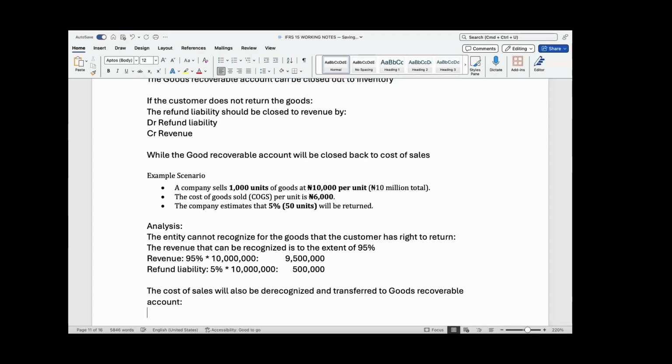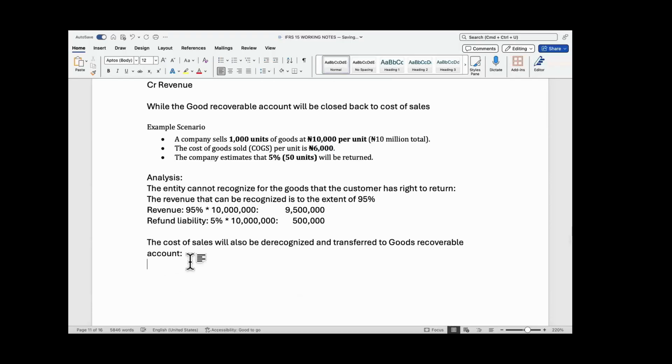Since the cost of sales is 6,000 naira, the cost of sales to derecognize is 1,000 units times 6,000 times 5%.